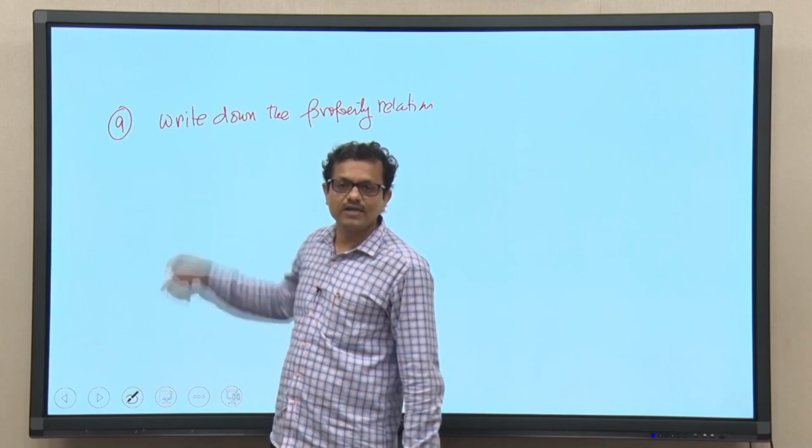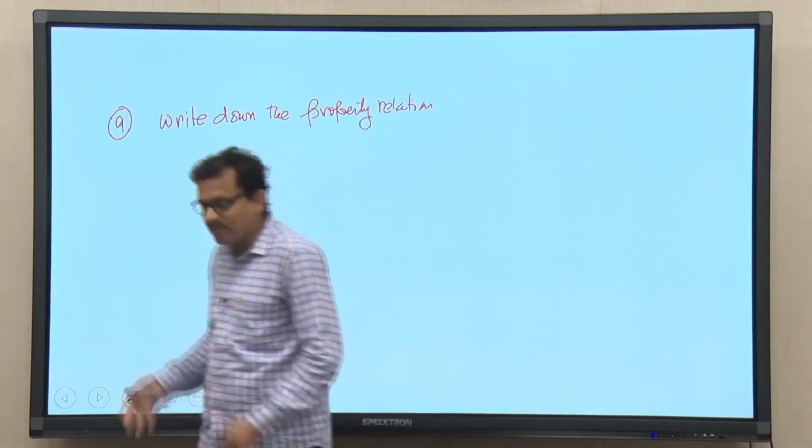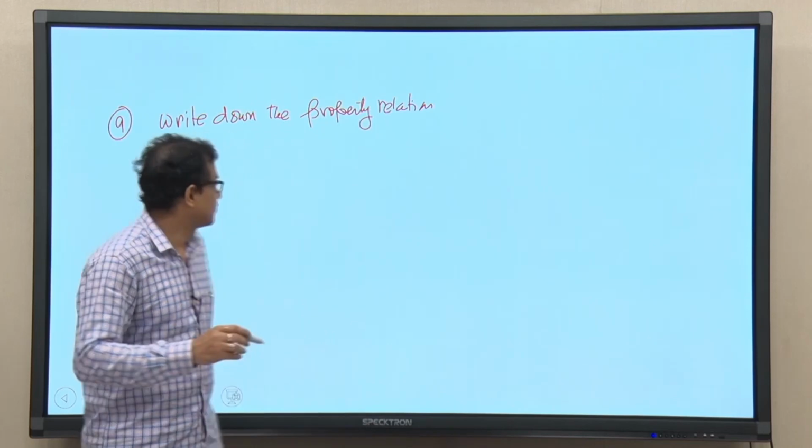Next is 9, write down the property relations. As I told you, the property relations are useful to calculate properties which are not directly measurable, right. So, accounting for that particular aspect, we can write this particular step 9.